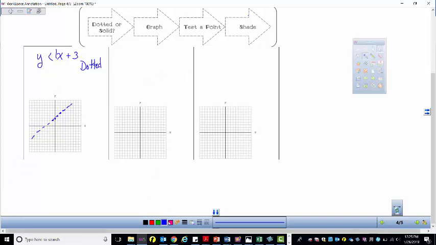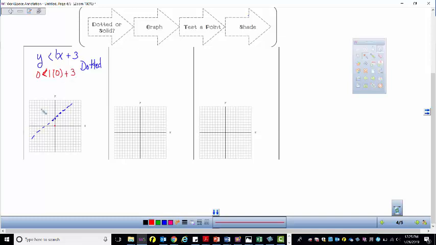So our next thing, this is going to be new, they want you to test a point. Well, the easiest point to test is 0, 0. What that means is you have to plug it into your inequality. So you're going to put 0 in for y, and oops, it's less than, not equal, sorry. 0 is less than 1 times 0 plus 3.